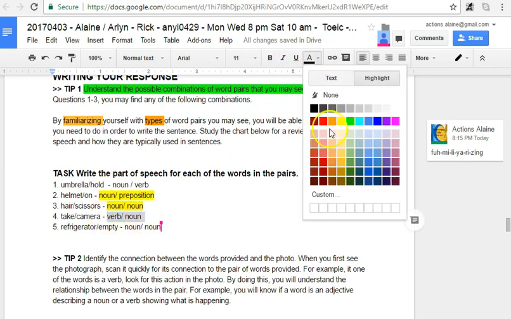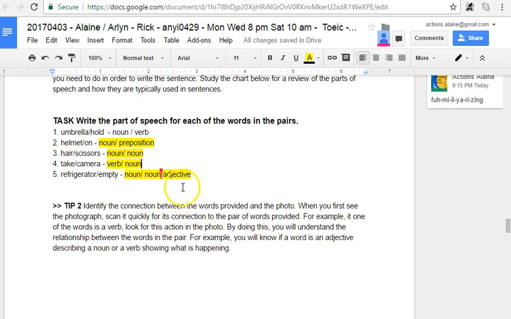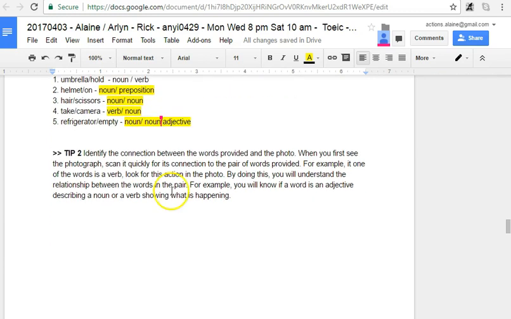And lastly, refrigerator is a noun, empty is a noun. Empty can also be considered an adjective, because it is used to describe a thing, like the refrigerator is empty. But very good for the answers. You were able to determine the part of speech that they belong to.